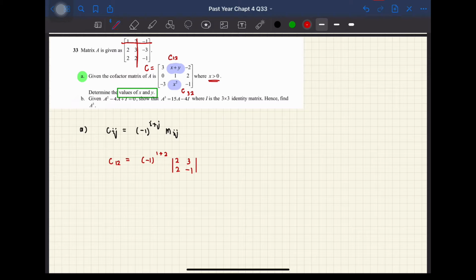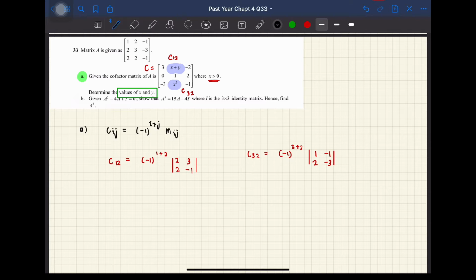Okay, what about C3,2? So untuk C3,2, it is equal to negative 1 power of 3 plus 2. Okay, and then awak buat determinant of that element. So kita akan delete column number 2 and row number 3. Okay, so awak akan dapat 1, negative 1, 2, negative 3. Okay, settle.